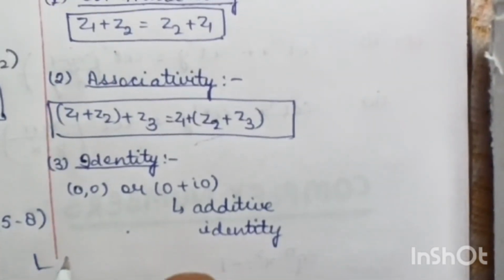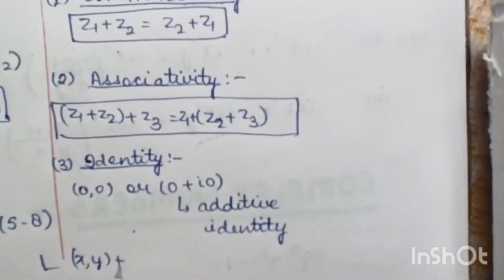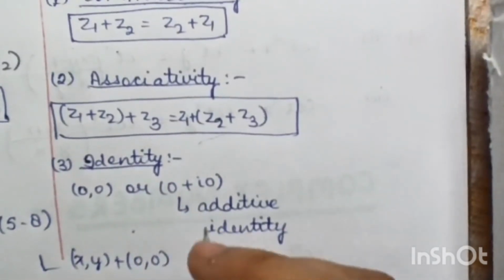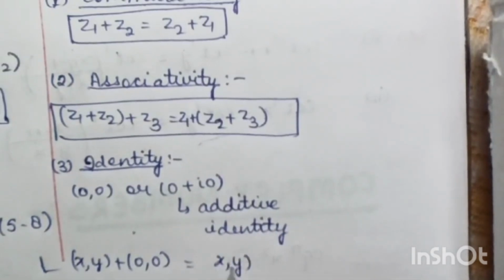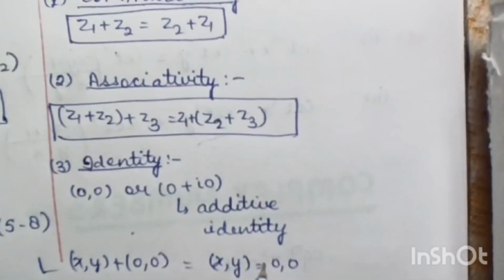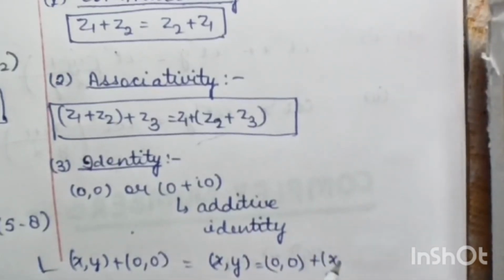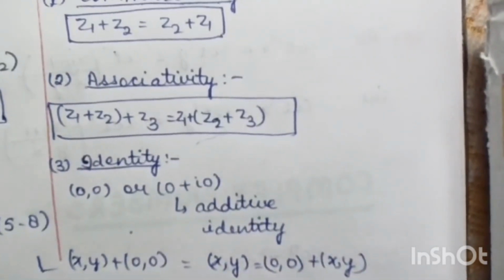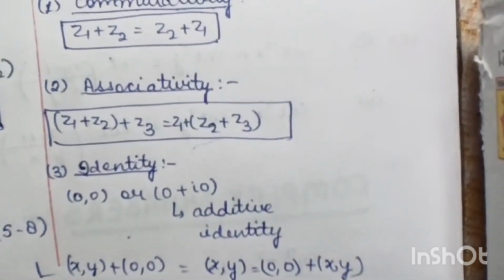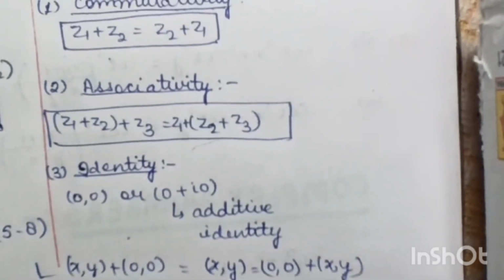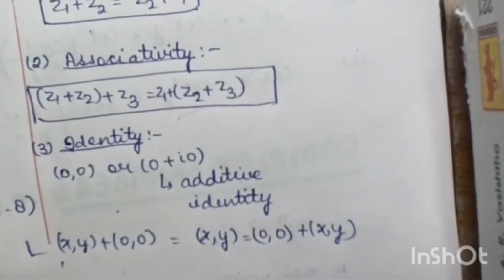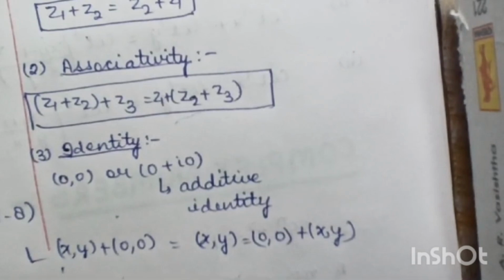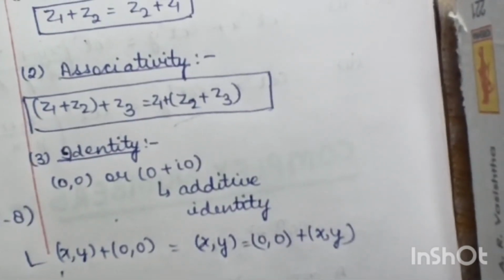We can write it like this, that if we have a real number x comma y, then x comma y plus 0 comma 0 equals x comma y. Similarly, we can do the inverse properties and cancellation law properties of complex numbers in addition.